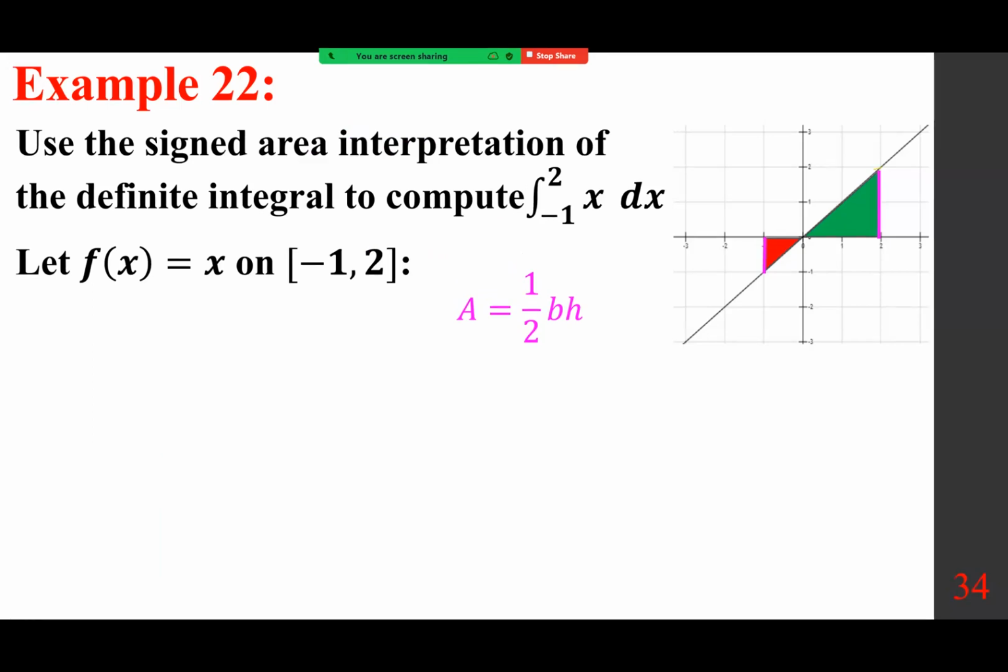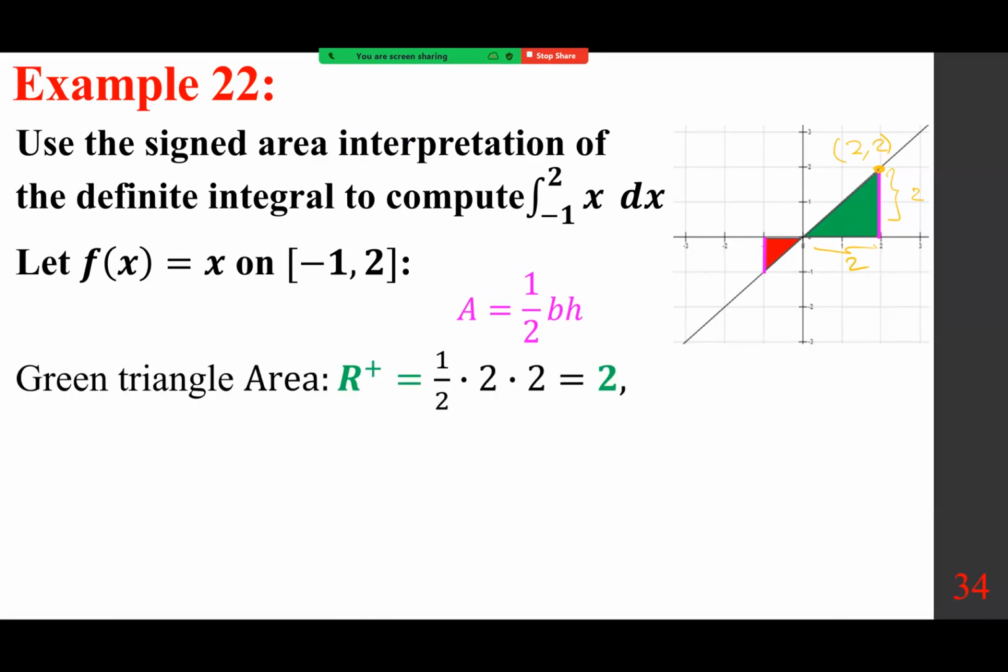As you know, this one has coordinates 2 and 2. So this distance is 2. So is this distance, 2. So half of 2 times 2, that area is 2.